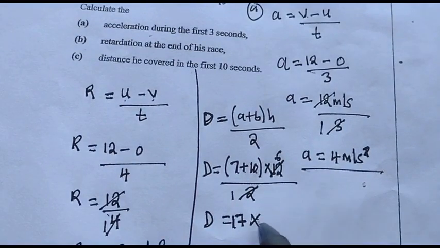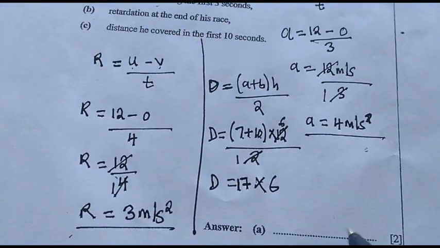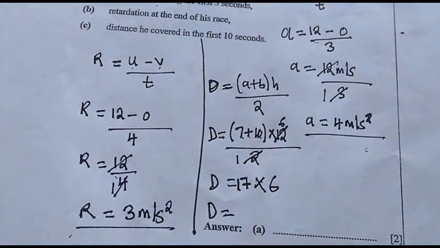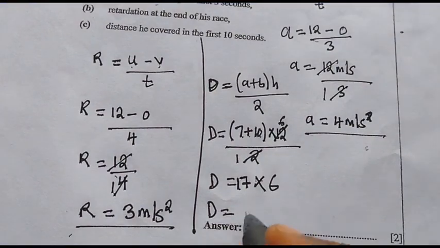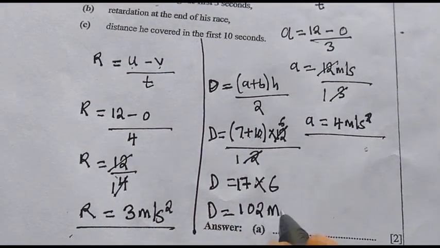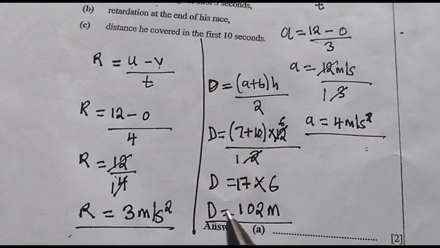So 17 times 6. All right, so our answer: distance is equal to 102 meters. So this is our answer. 17 times 6 gives you 102 meters.